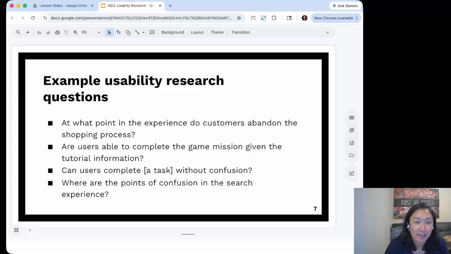Or do they end up navigating to different experiences without intending to do so? So as you can see, usability research is a large question that your study has, a large objective, and then what you'll do is break down the study into smaller tasks that give you observational insights to answer that major question.